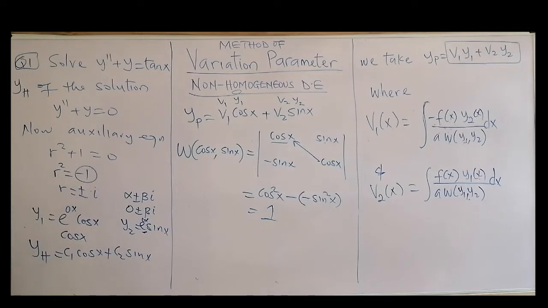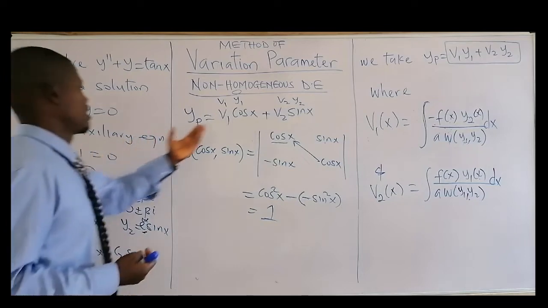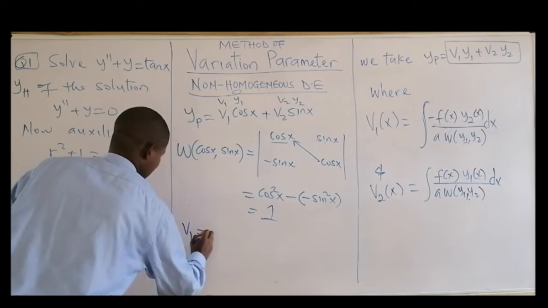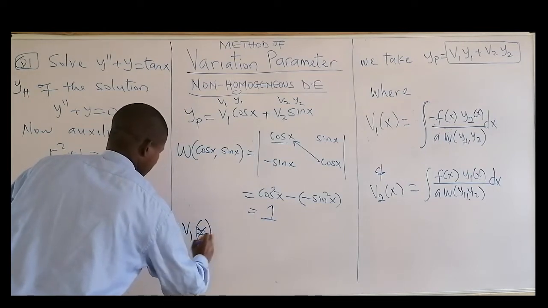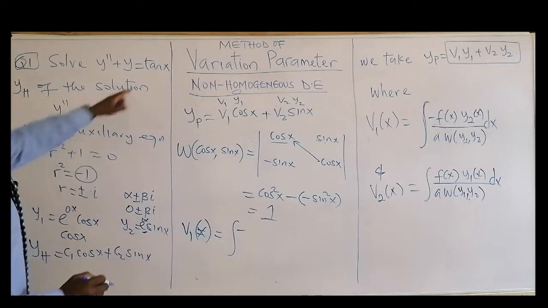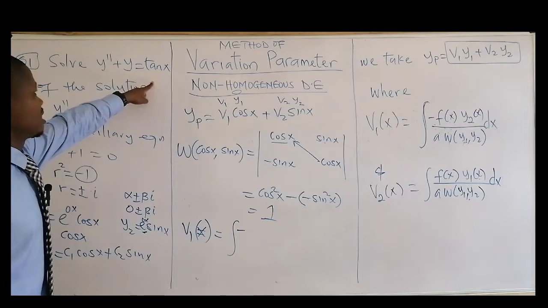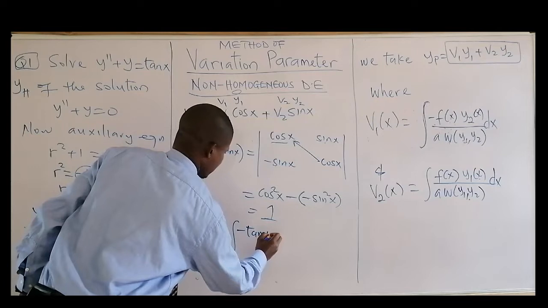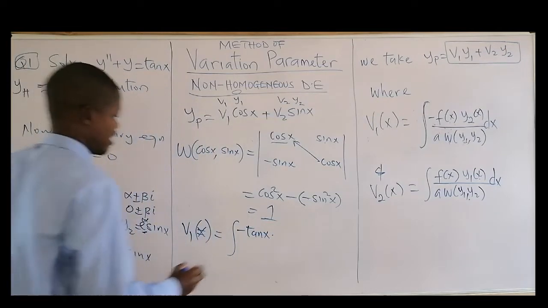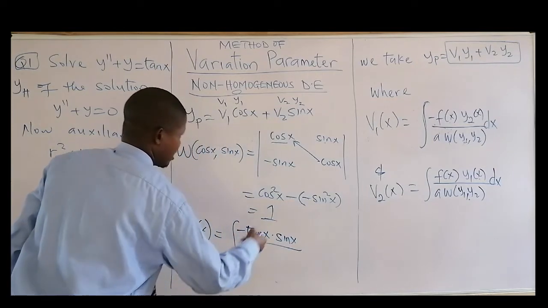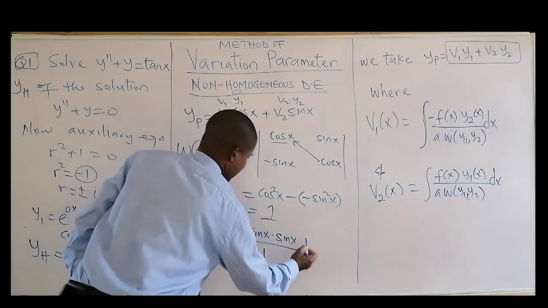So we just need to get B1 and B2. Once we get B1 and B2, we can come back here and substitute. So let's get B1. B1 as a function of x is equal to the integral of minus f of x, that's tan x, times y2, my y2 is sin x, all over A times the Wronskian, which is 1, then dx.